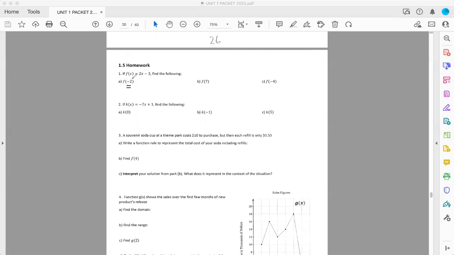It's asking you to plug in -2 into x. So f of -2 is 2 times -2, this is spiral review, and then minus 3.